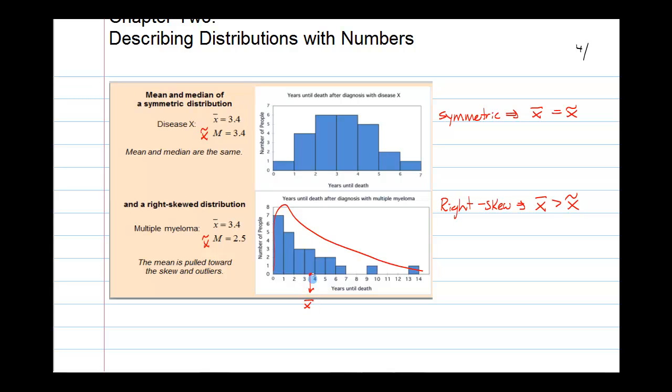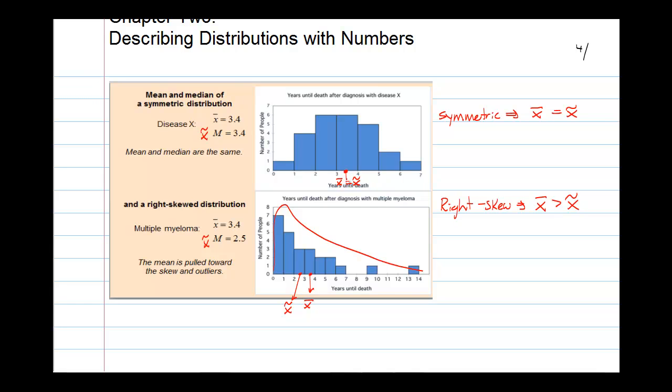So here's x bar, and the median was over here at 2.5, which is x tilde, or the cap M. So we can see that the mean is larger than the median. So again, the mean is pulled toward the skew and the outliers, and the skew is in the direction of the tail. And over here, the mean and the median are the same, right about here at 3.4. So again, x bar and x tilde are the same here.